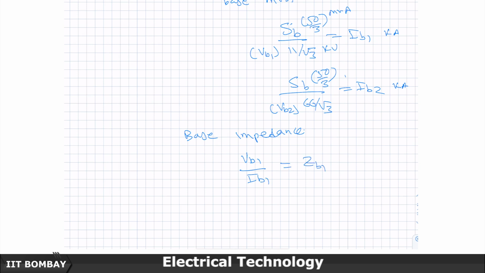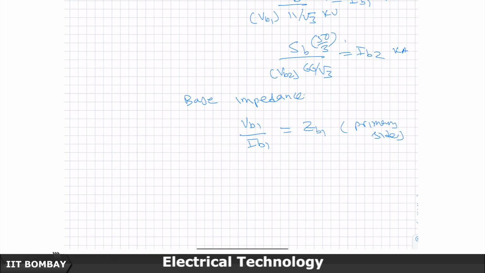This will be called the base impedance on the primary side, because I have taken the primary side base voltage and primary side base current, and I can also talk of the secondary side base impedance.